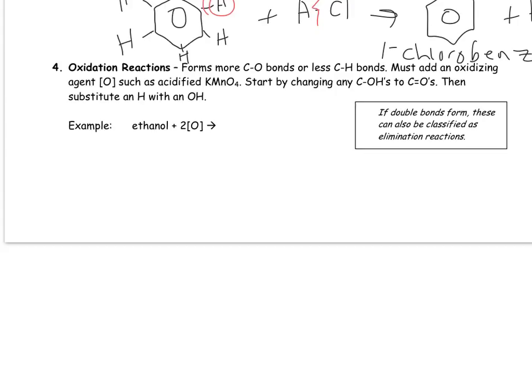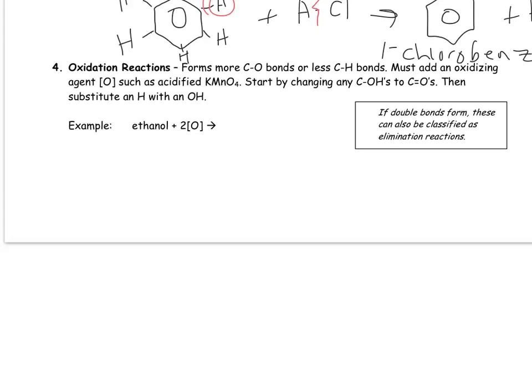There's a particular way to add CO bonds to an organic. First of all, your oxidizing agent is going to attack any hydroxyl groups, any C single bonded OHs, and actually steal a hydrogen from the oxygen and from the carbon so that a C double bonded O can form.